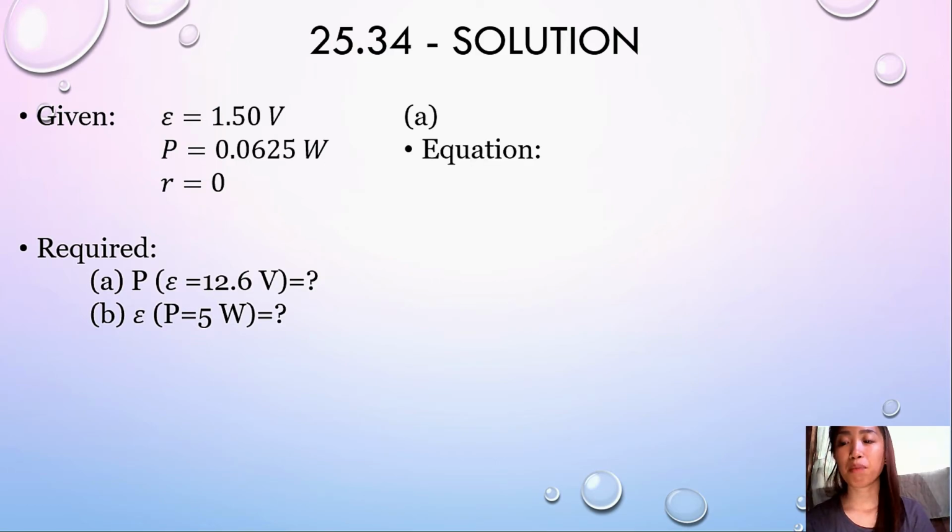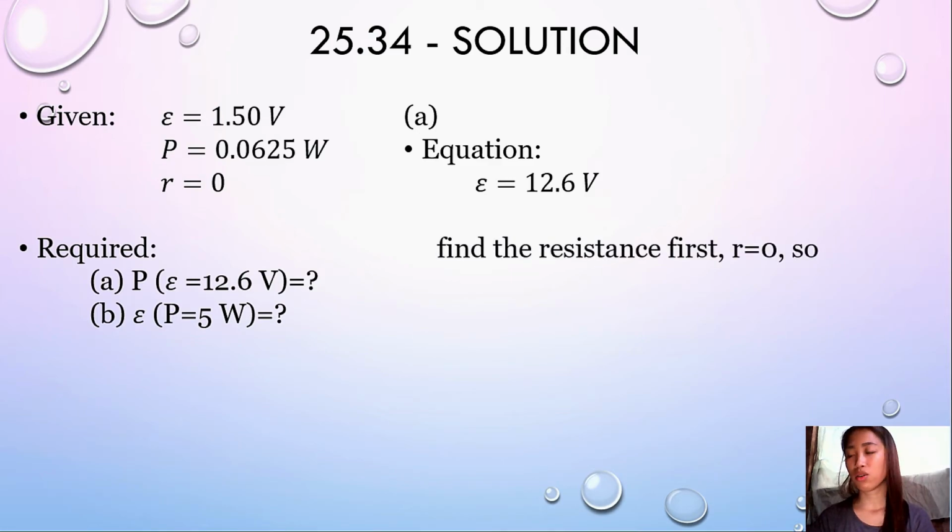We want to find the power consumed by the resistor if it is connected to a battery with EMF equals 12.6 volts. To get the target, we should find the resistance of the resistor. Since the resistance is constant and internal resistance is 0, use EMF 1.50 volts.